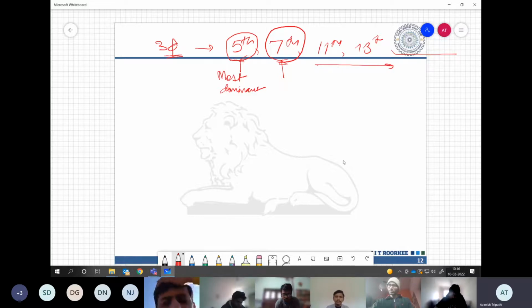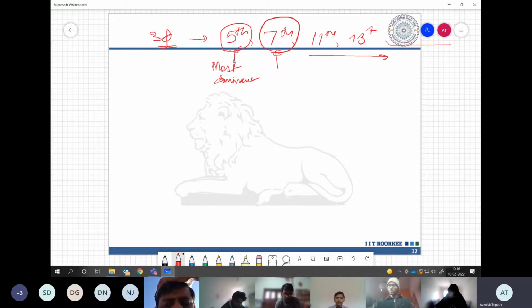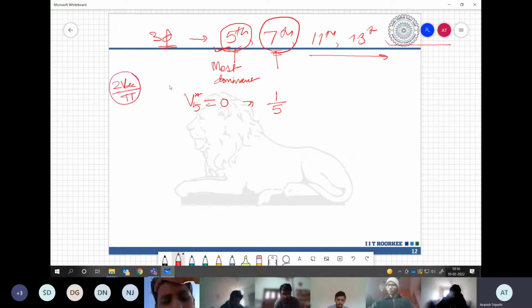Now what we can try is to eliminate at least, let us say, the 5th harmonic. We don't want any 5th harmonic in our system, meaning we will say that V5 is equal to 0. We know the expression for any nth harmonic component, normalized with respect to the maximum amplitude we can attain, 2 VDC by pi. I will write this expression.